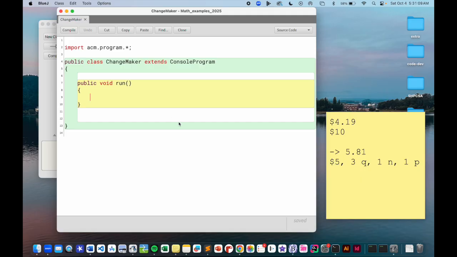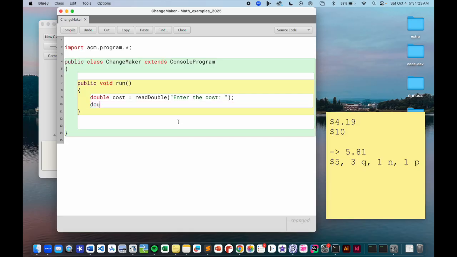So let's do this. Let's say double cost equals read double, enter the cost. Let's say double paid equals read double, enter the amount paid.